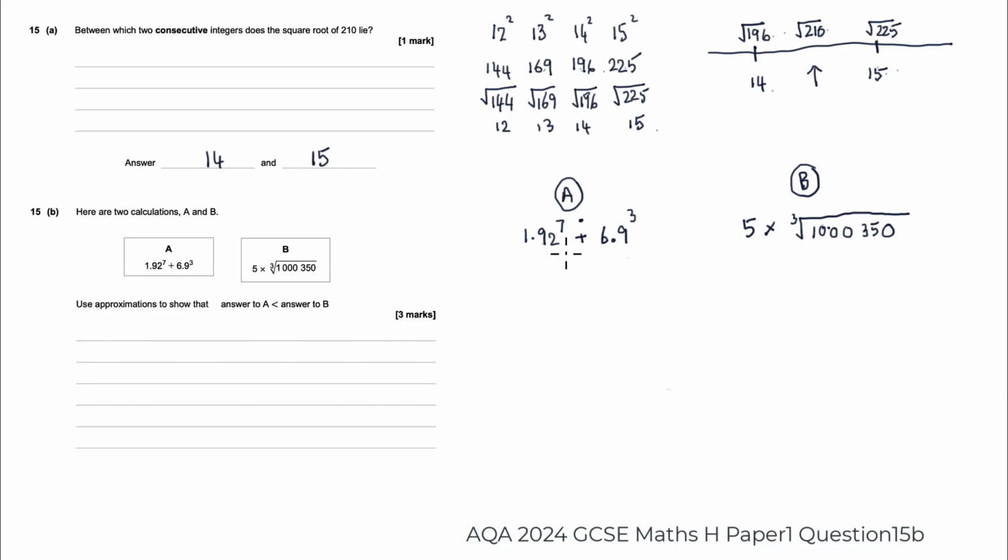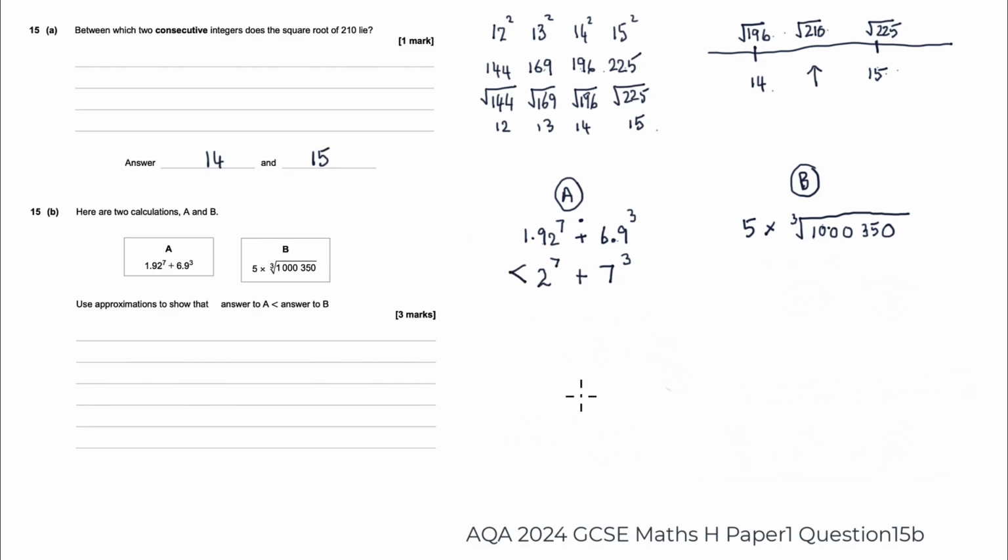So let's do some approximations. 1.92 is pretty close to 2. 6.9 is pretty close to 7. Now, both these approximations I've made are bigger than the original ones, so the original calculation will be less than this answer that I'm going to get.